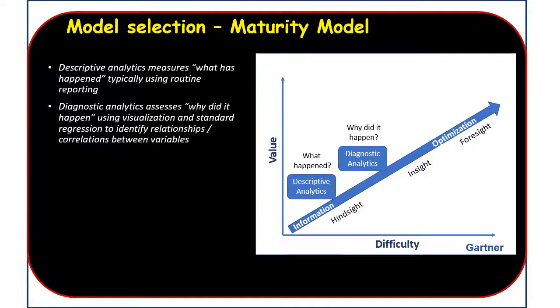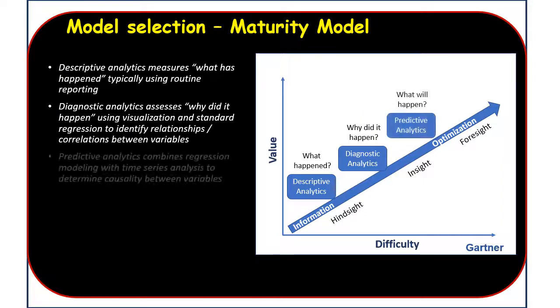The second stage is diagnostic analytics, which tackles why did it happen and uses visualization and standard regression analysis to identify relationships and correlations between variables. Stage 3 incorporates diagnostic modeling with time series regression analysis to determine causality between variables and assess how those relationships may change over time.